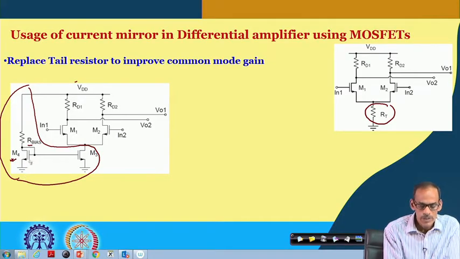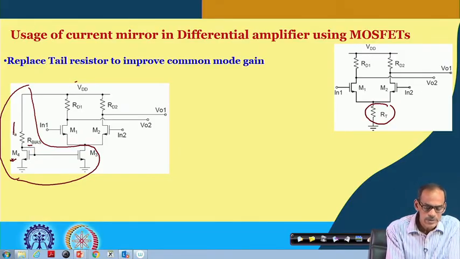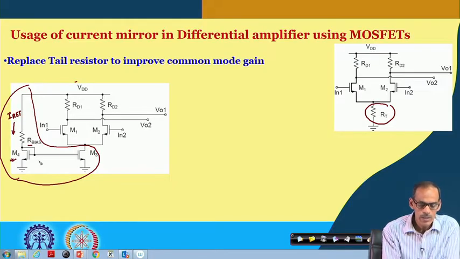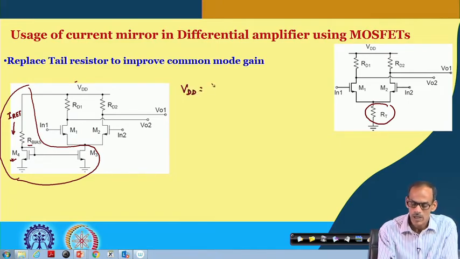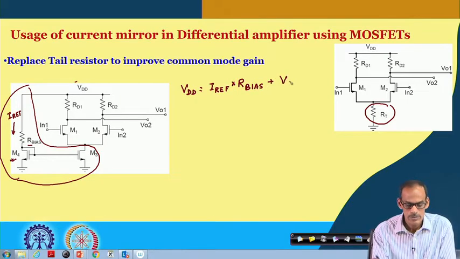In fact, similar to the previous case, here again if I say that this is the reference current I REF, then you can say VDD equals I reference multiplied by R bias plus VGS of transistor 4.